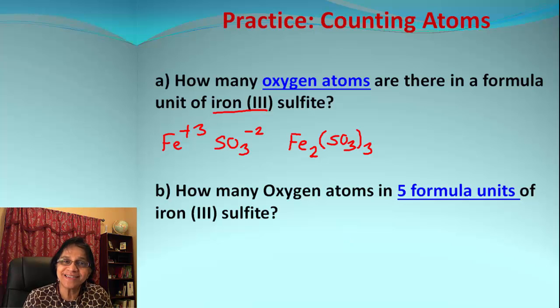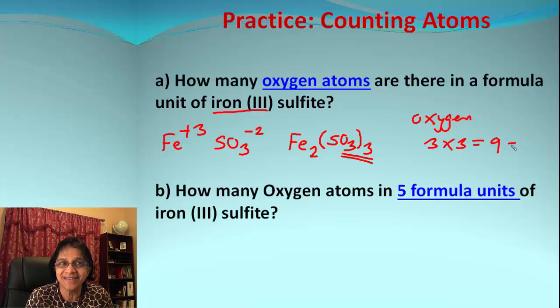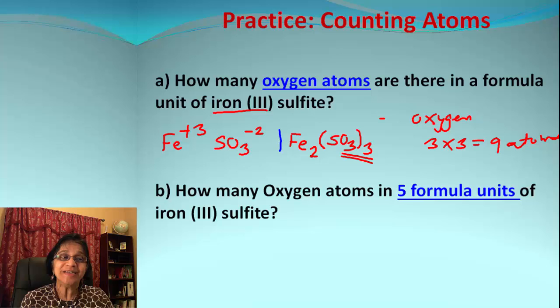The goal for us is to find the exact number of oxygen atoms. Look at this. It's SO3 times 3. So, the number of oxygen atoms will be 3 times 3. That will be 9. Now, this will be true if we only have one formula unit. In the second part, we need to find out the number of oxygen atoms in 5 formula units.